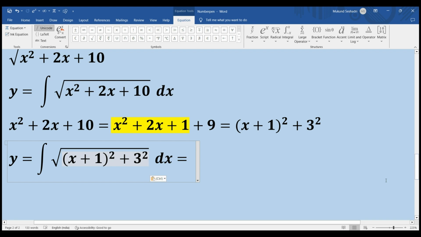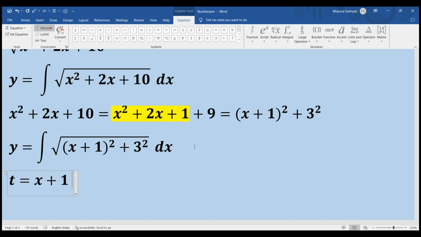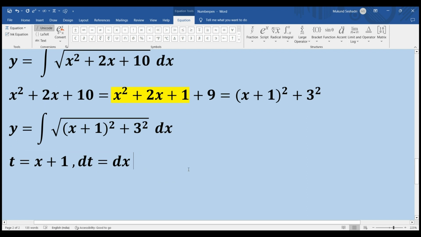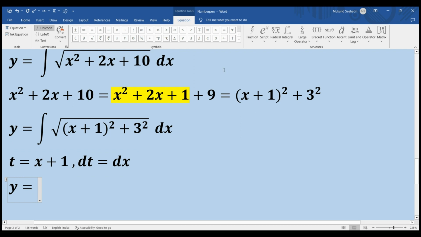And how do we do that? We do that with a very simple substitution t equals x plus 1, right? And when I do the substitution t equals x plus 1, my dt becomes equal to dx, right? So what I do next is I put back everything in terms of t and see if I can simplify my y, right? So what happens to the term inside the square root?